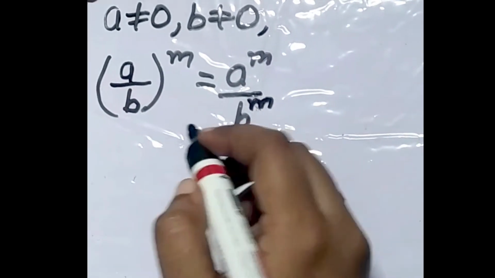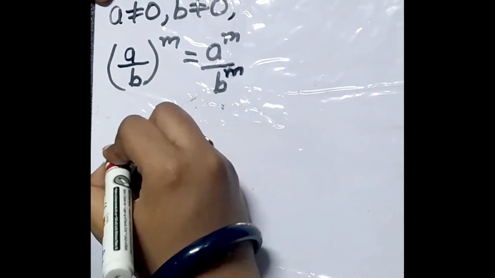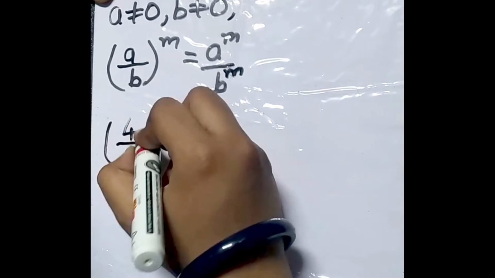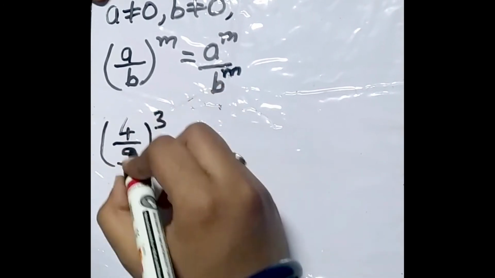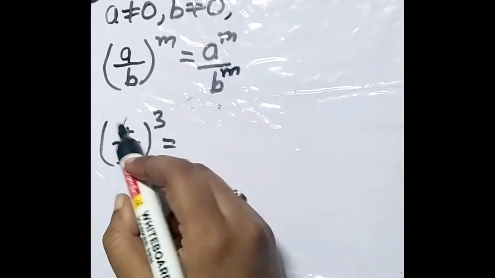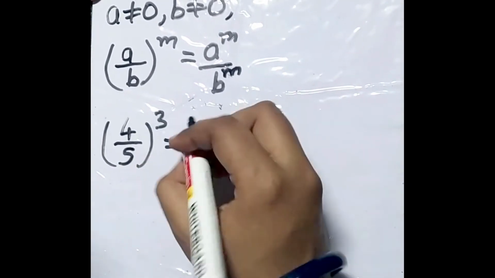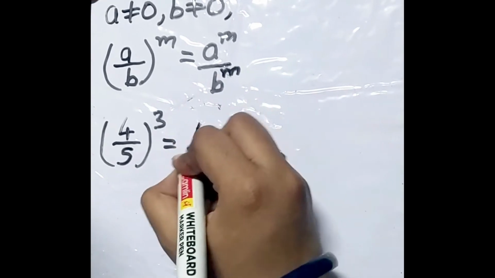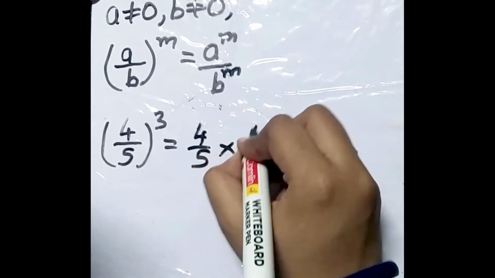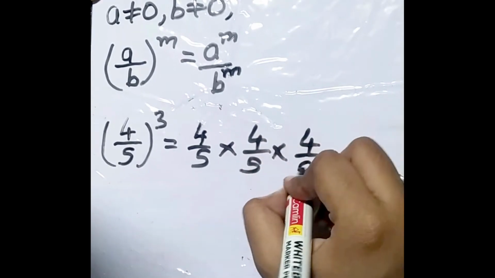Now we will see how we get this. See this example. 4 upon 5, the whole thing raised to 3. Here we are multiplying 4 upon 5 again and again with itself, 3 times. So 4 upon 5 into 4 upon 5 into 4 upon 5.